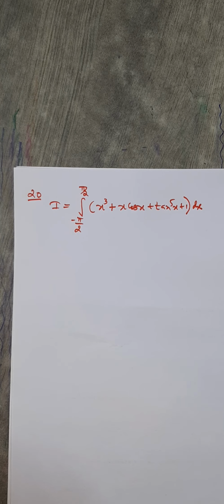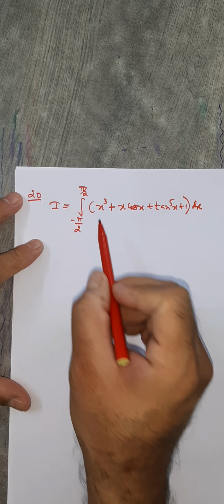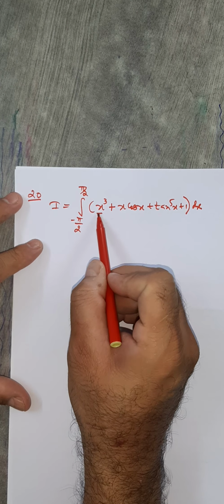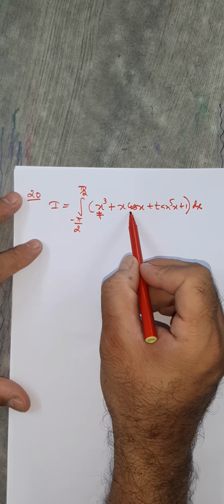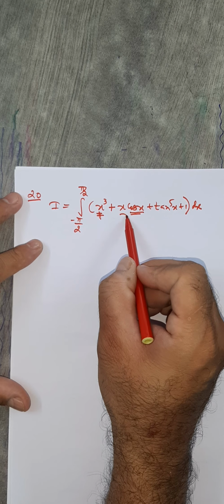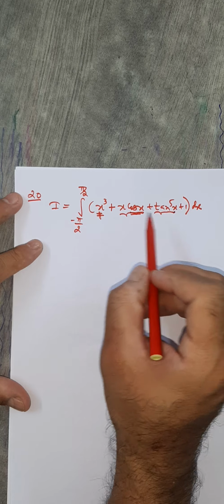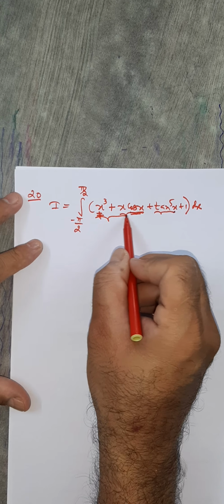Now one way is to integrate, but there is no need to do that, because this is an odd function here. Cosine is an even function, but x cos x is an odd function, and 10 raised to 5 x is also an odd function, so this much is an odd function.